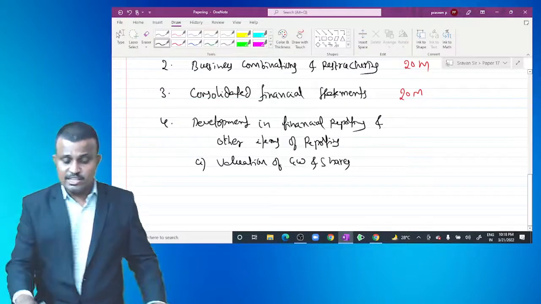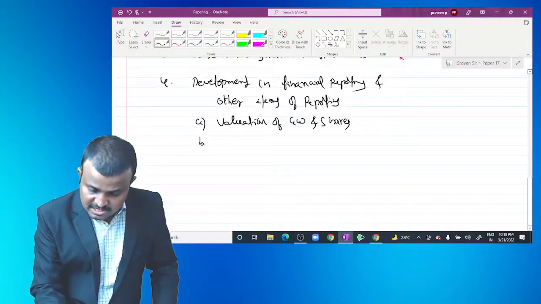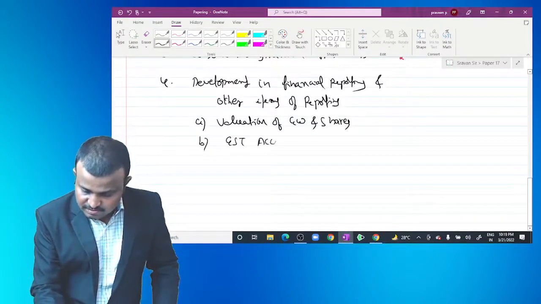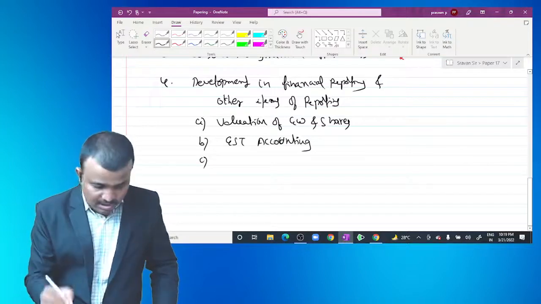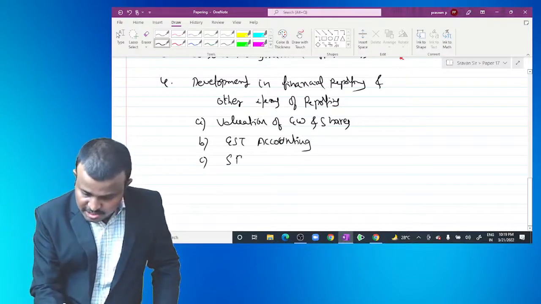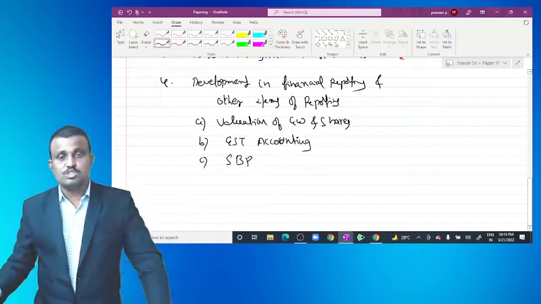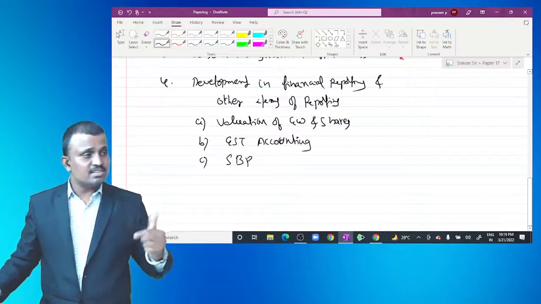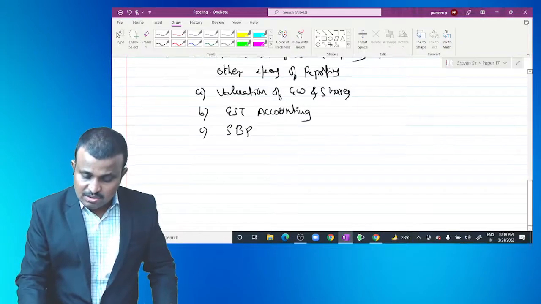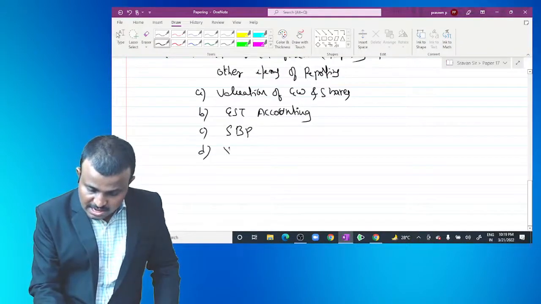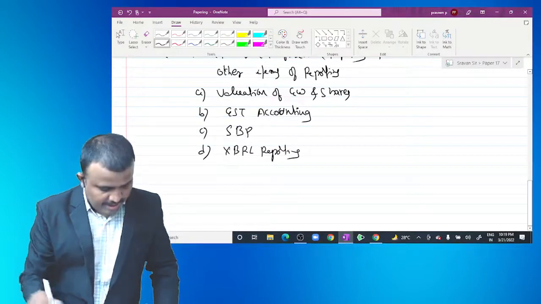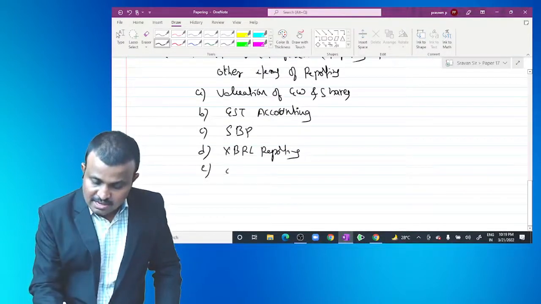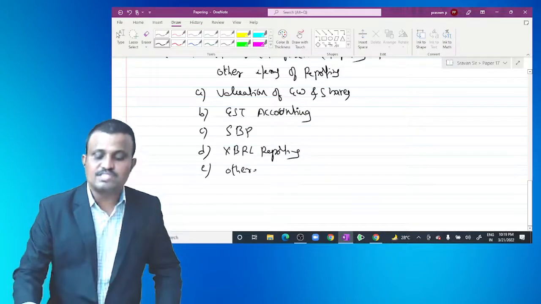Then we discuss GST accounting, and another one is share based payments, ESOPs, and the related accounting, and XBRL reporting, and other developments if any.